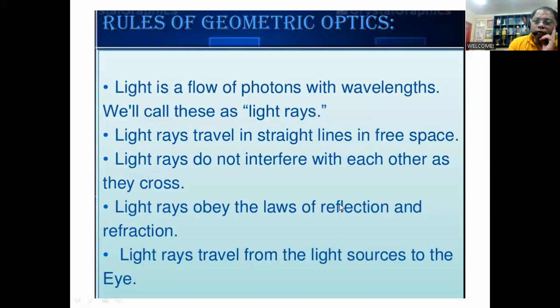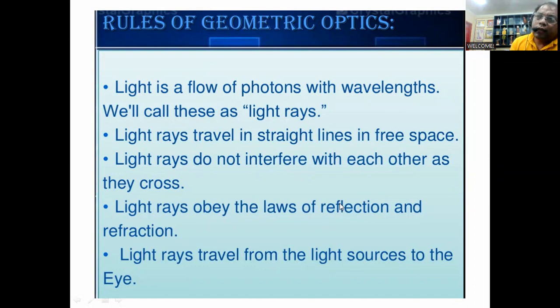The law of refraction is that when light enters two different media or materials, like from air it enters water, or from air to glass, then light will bend. It will bend somehow in direction because it will either speed up or slow down.